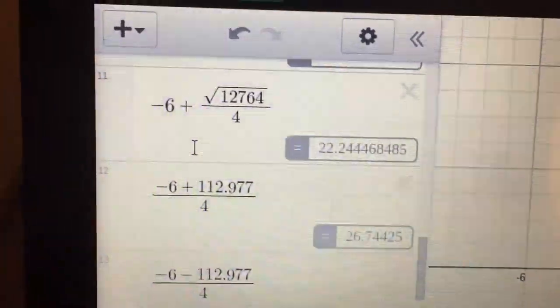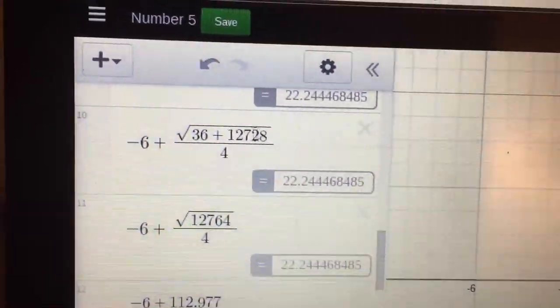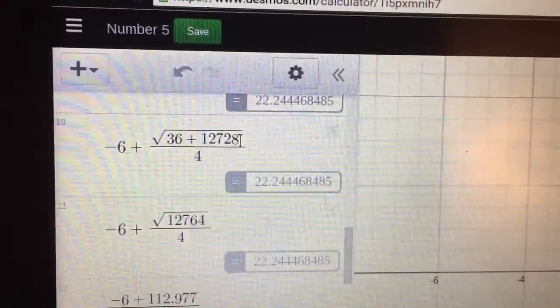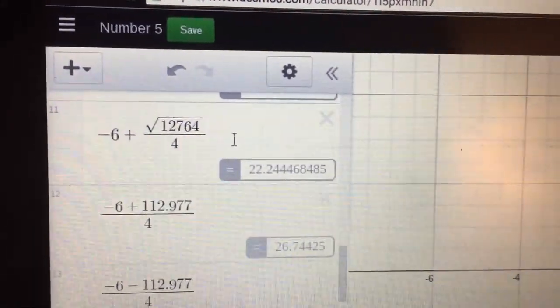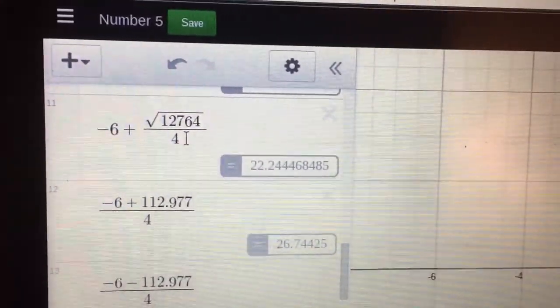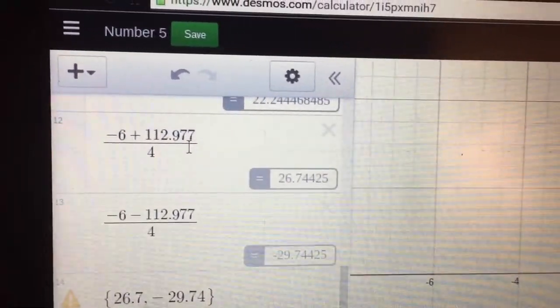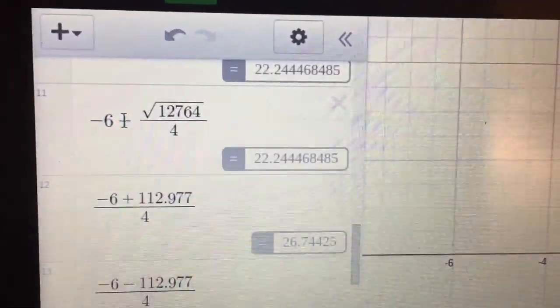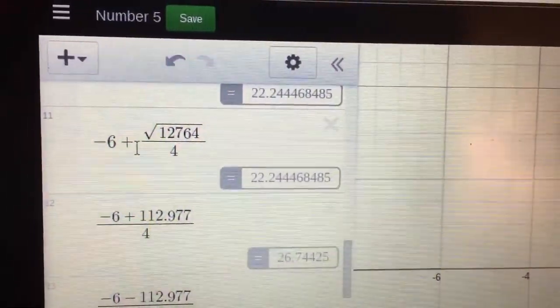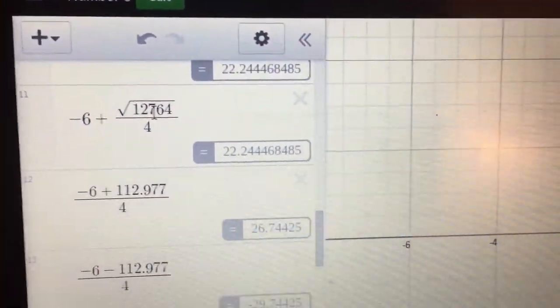As we move down, we add our 36 to 12,728 and we get 12,764, over 4. So we get negative 6 plus or minus the square root of 12,764 over 4.